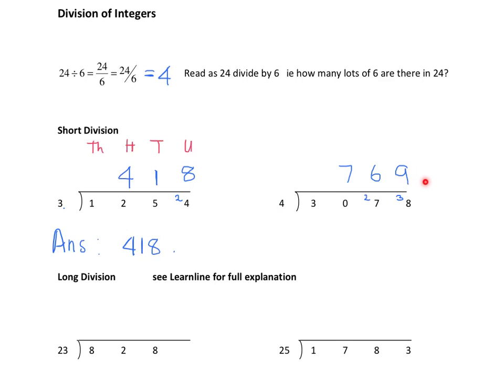So we've actually got a remainder, a little bit left over, which is 2. So the answer to this one is not exactly 769, but 769 with a remainder of 2. You can actually also write it as 769 and 2 lots of 4 left over.